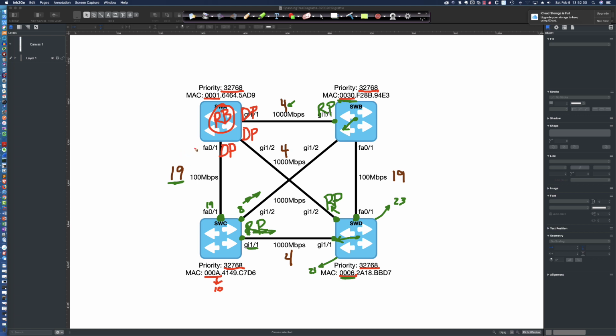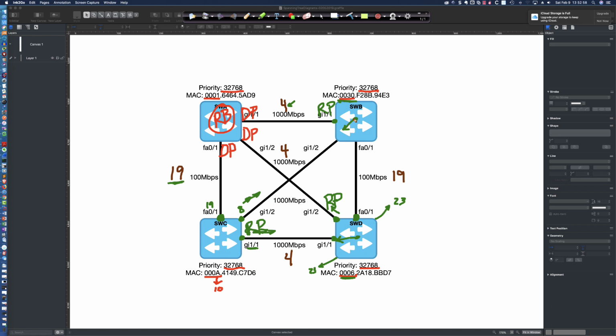Find the root bridge. Label the root bridge's ports all designated ports. Once that is done, you go to the non-root bridges and identify their root ports. You do that by determining the lowest root path cost, or the shortest path, the lowest cost path to reach the root bridge based off the spanning tree port costs.